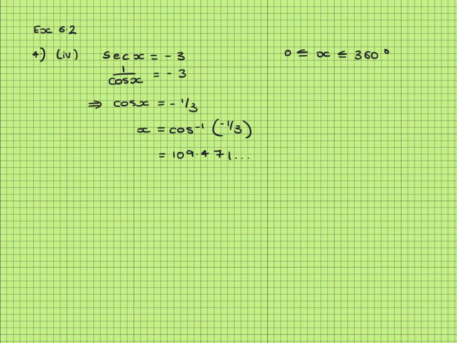So looking at different ways of solving this, you may decide you want to sketch a trigonometric graph, in which case we've got 0, 90, 180, 270, 360 on our x-axis, and our cosine function looks a little bit like this.